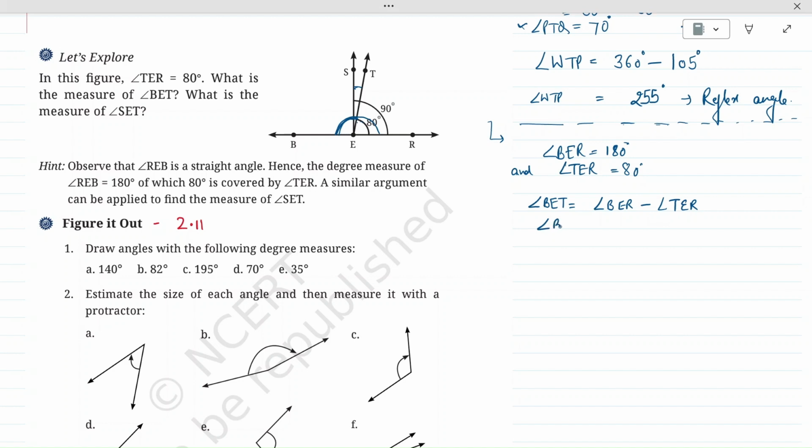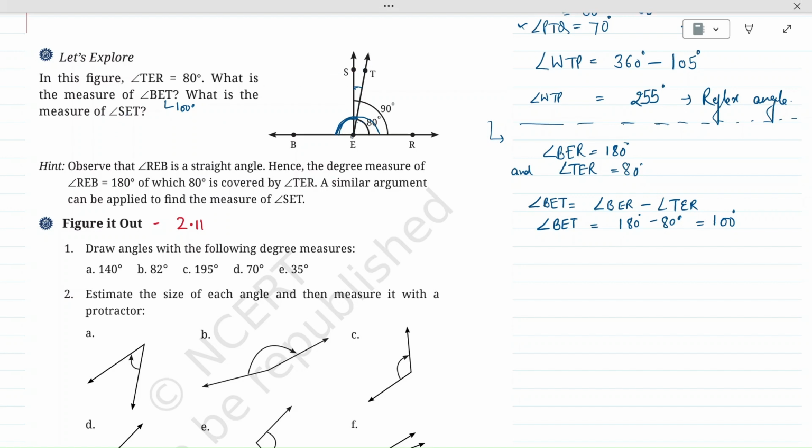That is, angle BET is equal to 180 degrees minus 80 degrees, which is equivalent to 100 degrees. So angle BET is 100 degrees. And this was simple. Complete angle minus this angle, we get the remaining angle, which is 180 minus 80 is 100. Now we have to find the measure of SET, this small angle.